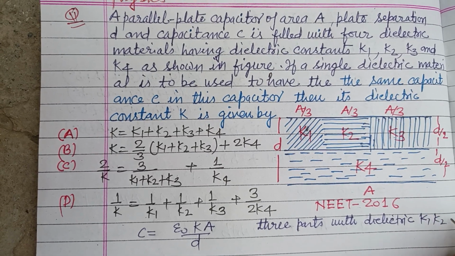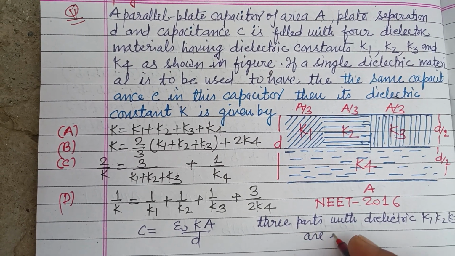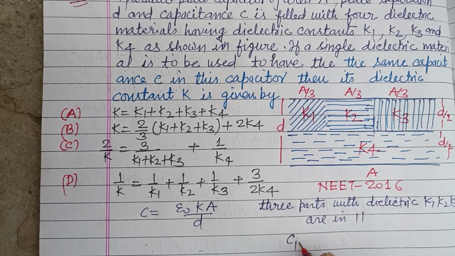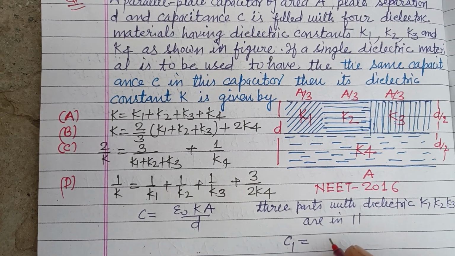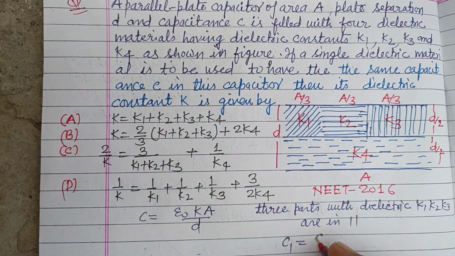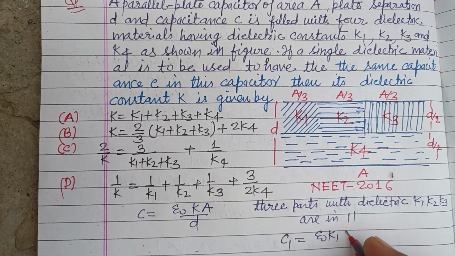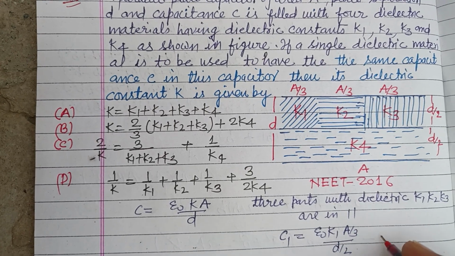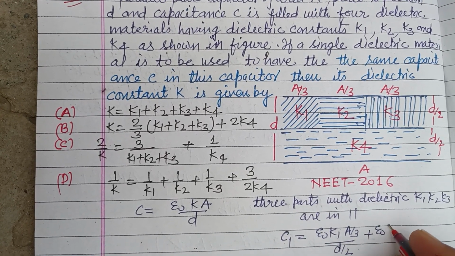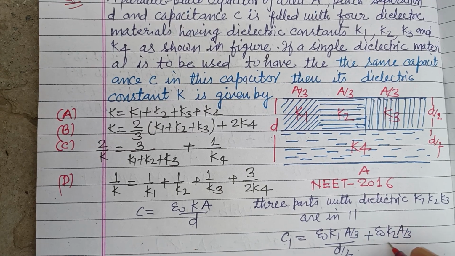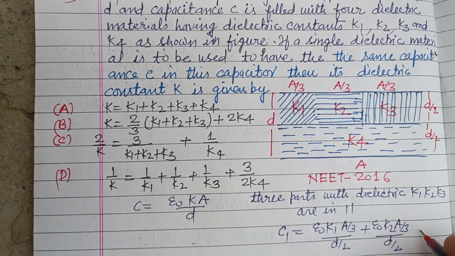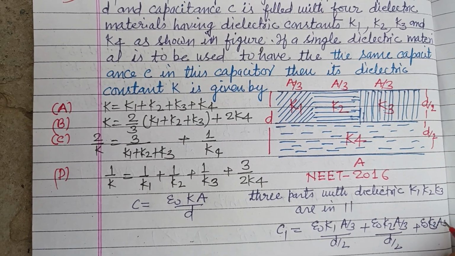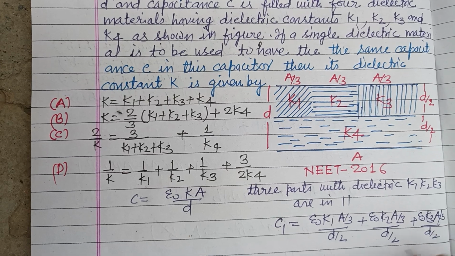K1, K2, K3 are in parallel combination. So their equivalent capacitance C1 equals epsilon naught K1 A by 3 upon D by 2, plus epsilon naught K2 A by 3 upon D by 2, plus epsilon naught K3 A by 3 upon D by 2.